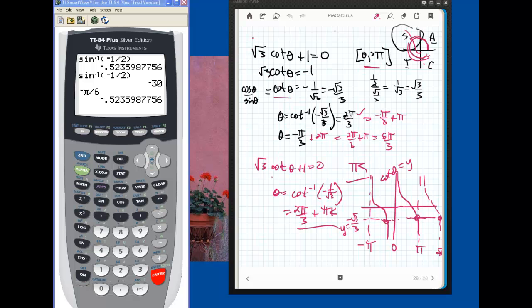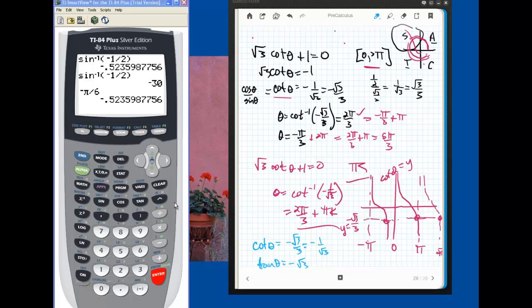Do you agree that if I have that the cotan of theta is equal to negative root 3/3, which remember was just negative 1 over root 3, well, that's exactly the same thing as when the tangent of theta is equal to negative root 3, because they're reciprocals of one another. Okay?